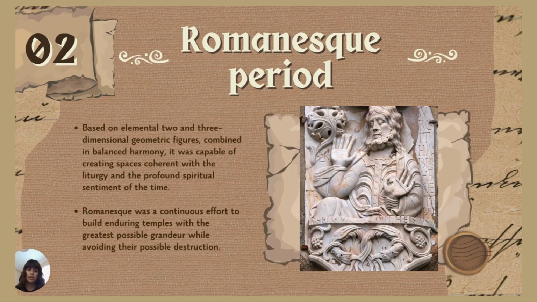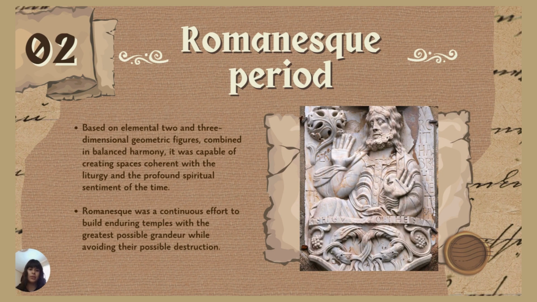Next, I'm going to present what the Romanesque period was, and certain elements that are important to understand the structure and the sculptures that were made. The Romanesque period in architecture was based on elemental two and three-dimensional geometric figures.